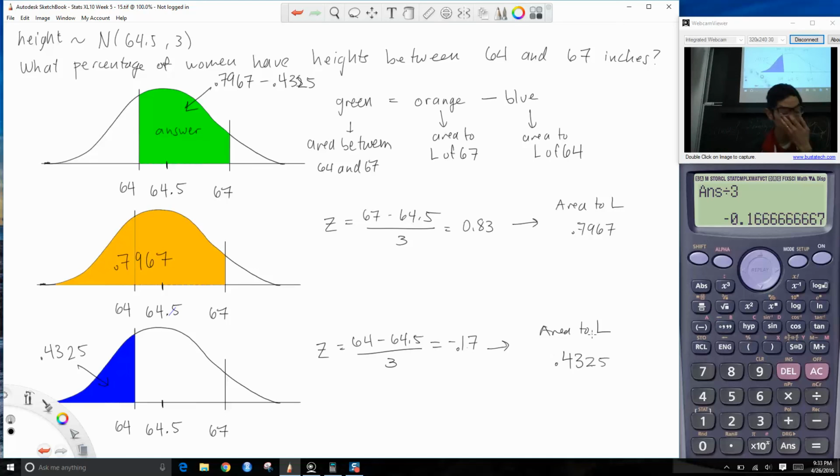Okay, so we're gonna do that. So we've got the area between, which is our green area, is equal to 0.7967 minus 0.4325, and I get 0.3642.